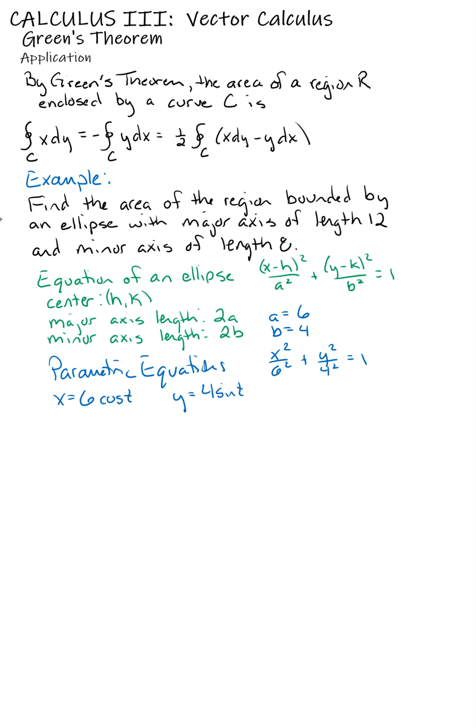If that's the case, then we know that dx is equal to negative 6 sine t dt. Yes, we need that differential in there. And dy is equal to 4 cosine t dt. There we go.